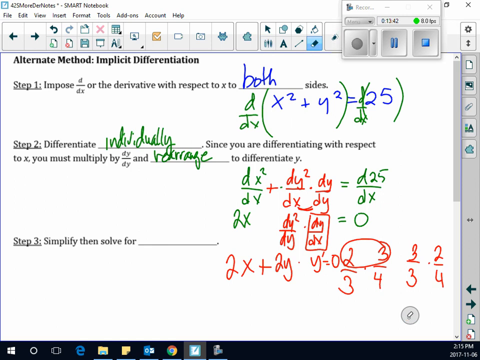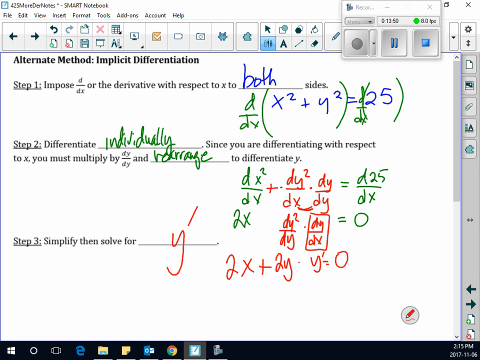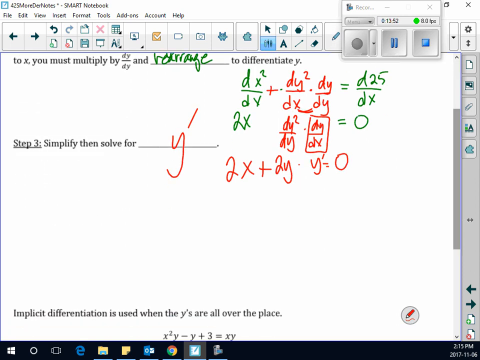I'm just going to get rid of this fractions mess here. So now we're going to solve for y prime. So how would we solve for y prime? Y prime's right here, so I have to move the 2x over.